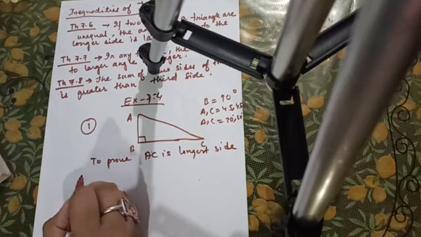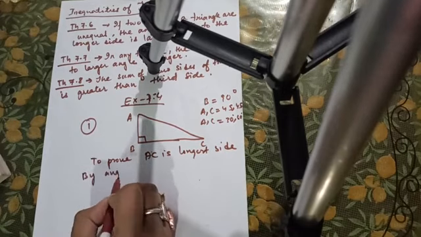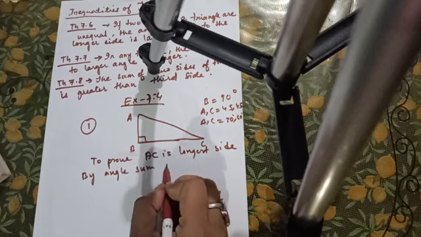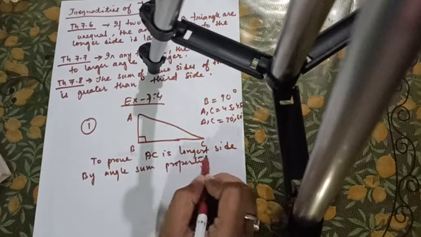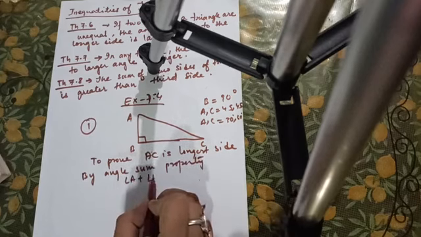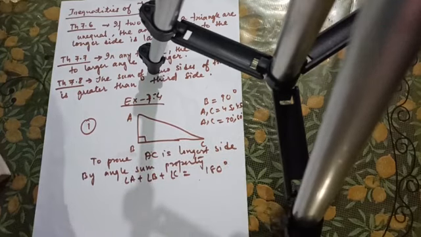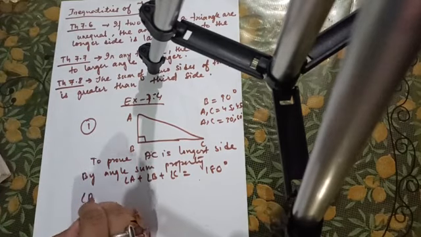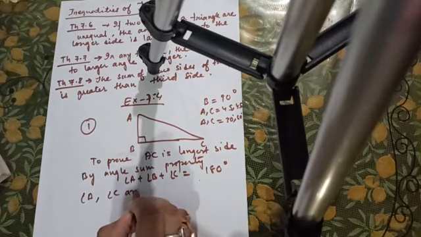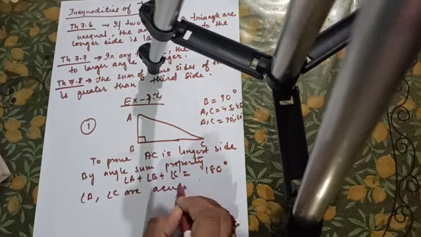So by angle sum property, we can say that angle A plus angle B plus angle C equals 180 degrees. And now we can say that angle A and angle C are what angles? Acute angles, isn't it?